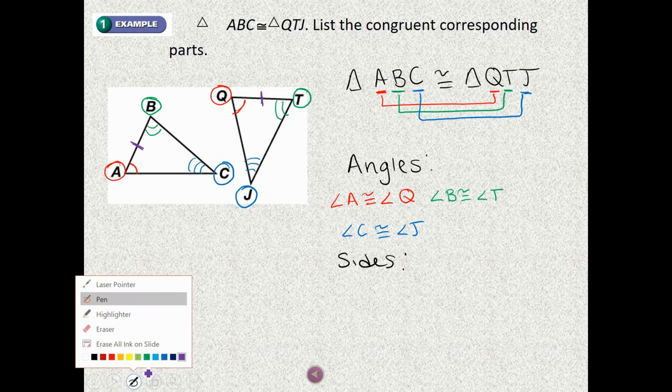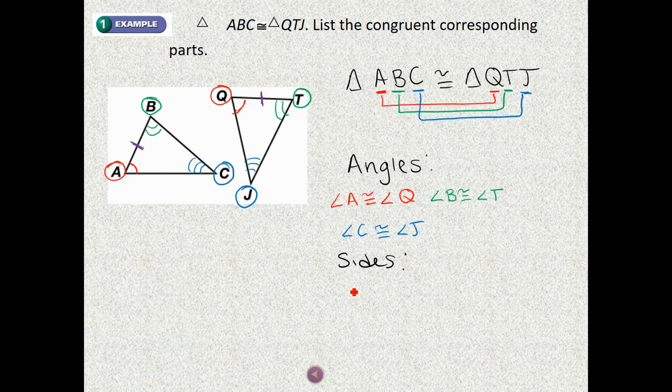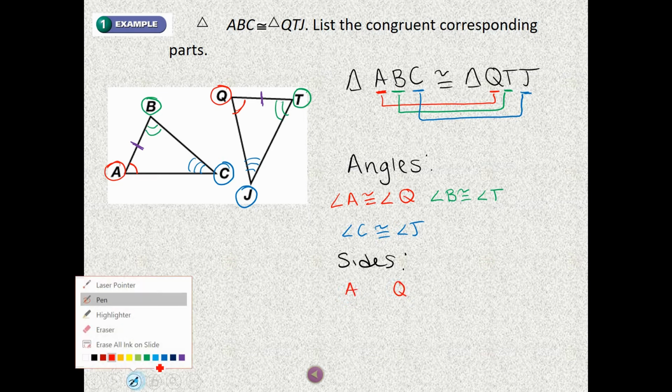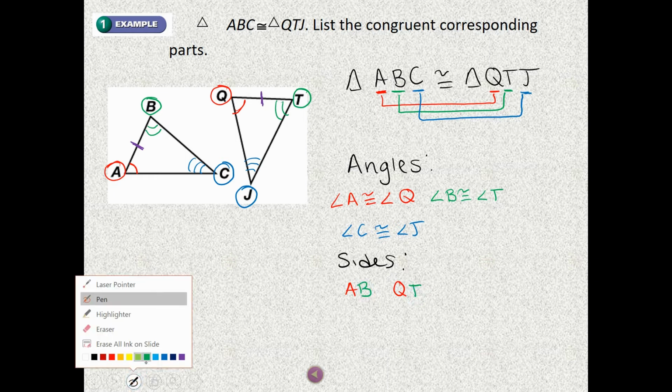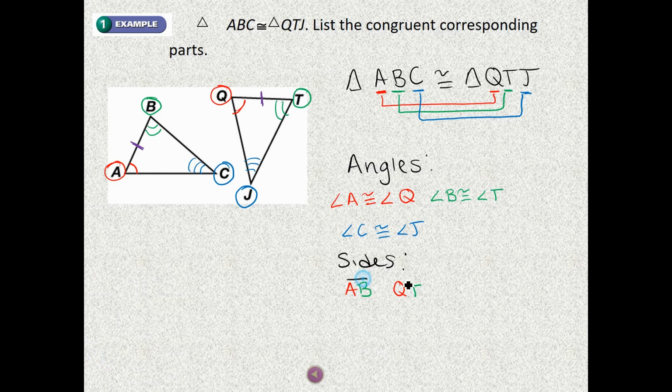And if we want to list it using our colors, A and Q, so AB is congruent to QT.